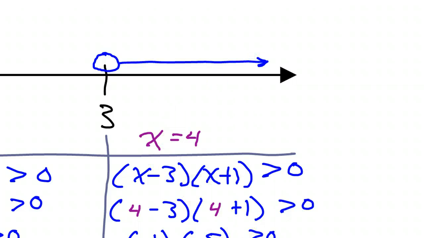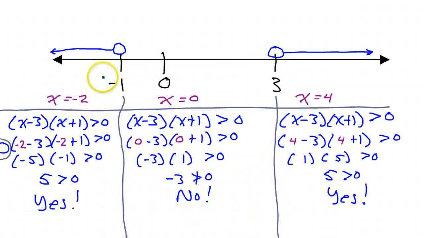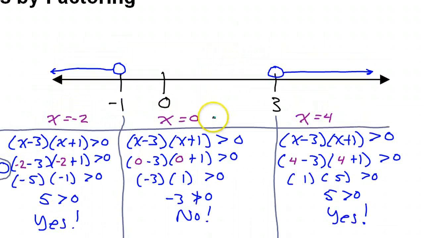Okay, brilliant. So this is the graph of the inequality. These are the solutions to the inequality. But we also need to write this as an interval. We need to write the solution, not just the graph. So we'll have to write this in two pieces, one for each branch here.